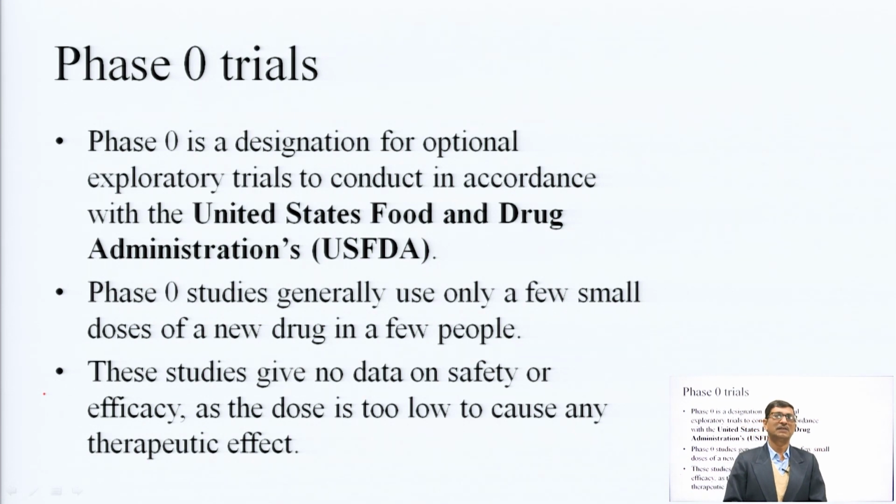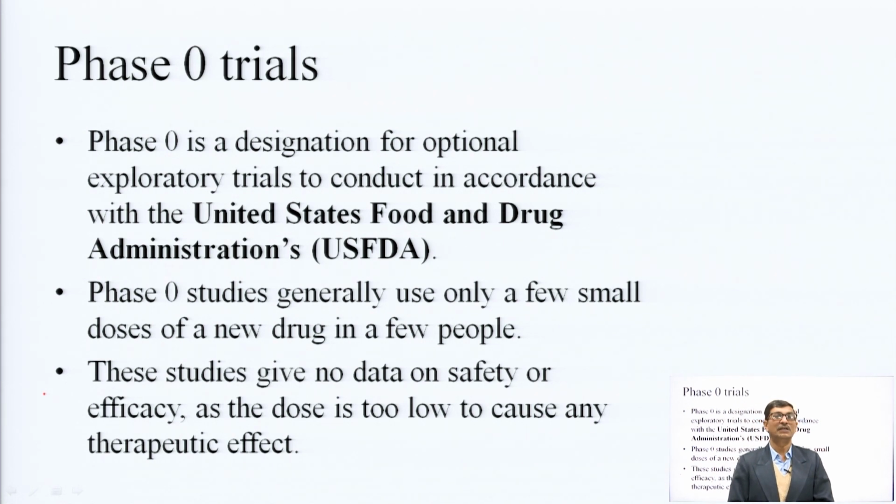The first phase is phase 0 of a clinical trial, or phase 0 trial. Phase 0 is a designation for optional exploratory trials conducted in accordance with the United States Food and Drug Administration, US FDA.